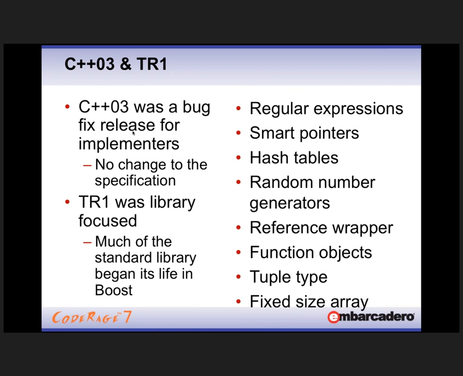Things like regular expressions, smart pointers, random number generators, et cetera, were earmarked to become part of the specification when it was actually published, so that people could start using them with the assurance that this will be part of the specification in the future.